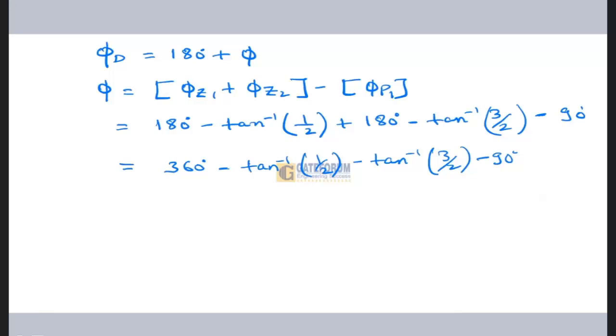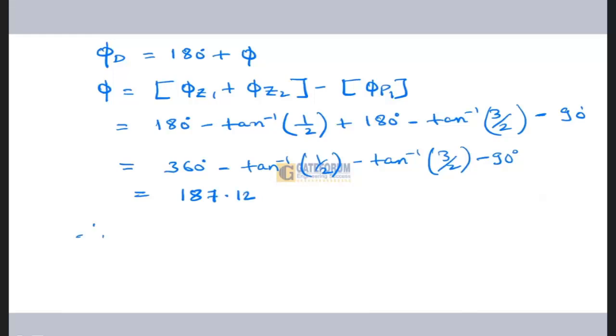360 minus tan inverse 1 upon 2 minus tan inverse 3 upon 2 minus 90 degree, right? So you are getting 187.12. This is phi that you are getting, 187.12.